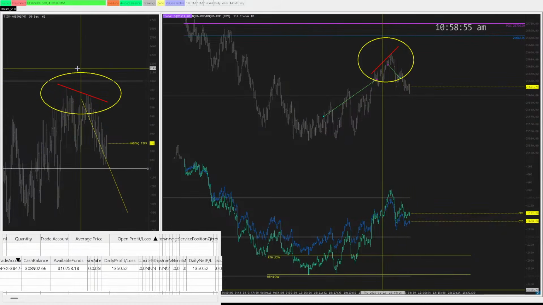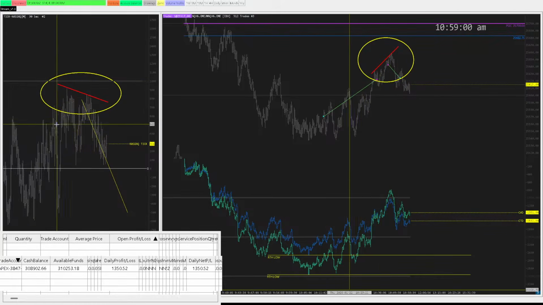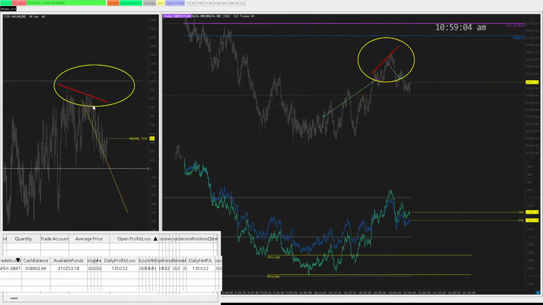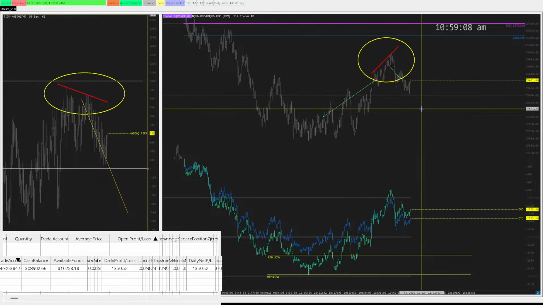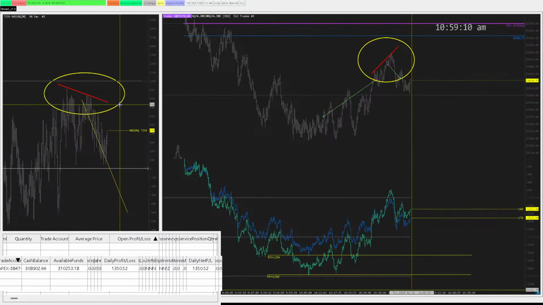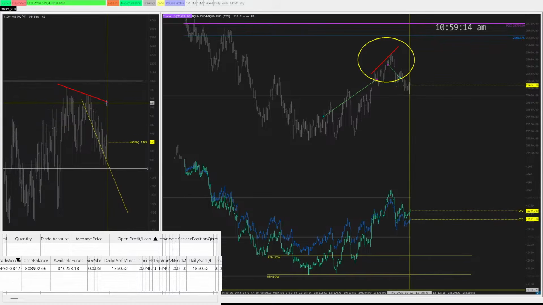There's trillions of dollars over here in the Nasdaq, right? Trillions. And I'd say there's billions that are transacting here in the NQ. So when we start to see this little bearish divergence form, that means that it's more likely, right?